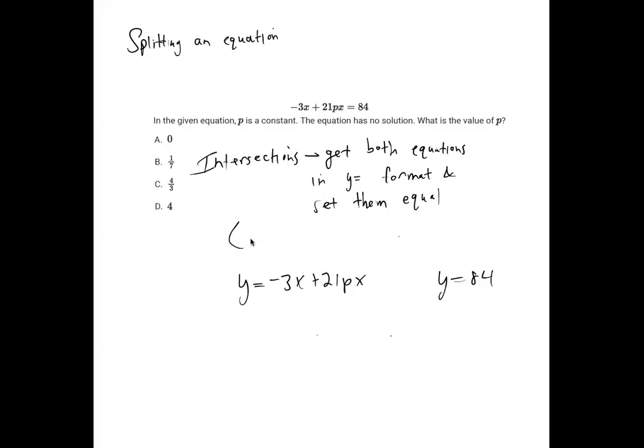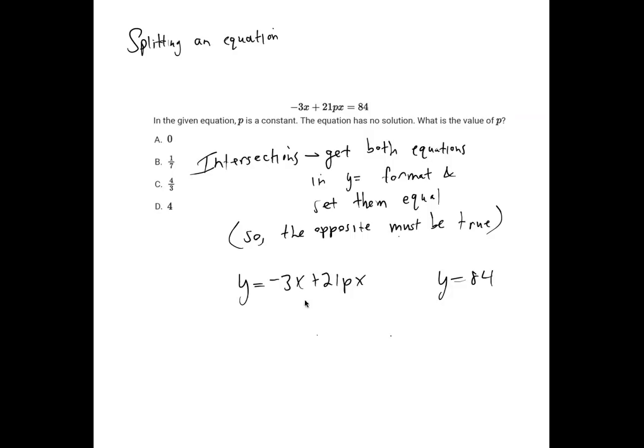So for our intersection rule, get both equations in the y equals format and set them equal, the opposite must be true. The converse, I guess you can call it, is the idea that if I see two things equal, I can wonder at least if maybe this is an intersection that already took place.